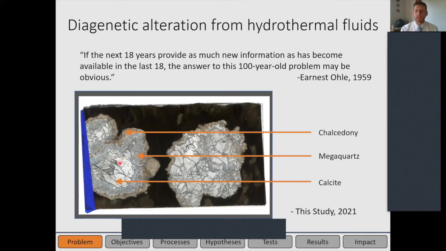So these are all really later burial or post-burial events in which you have this chalcedony, then megaquartz, then calcite. So pretty clear here. I've been able to go in and look at the megaquartz and calcite fluid inclusions and have confirmed that these are precipitated by hydrothermal fluids well above burial temperatures.